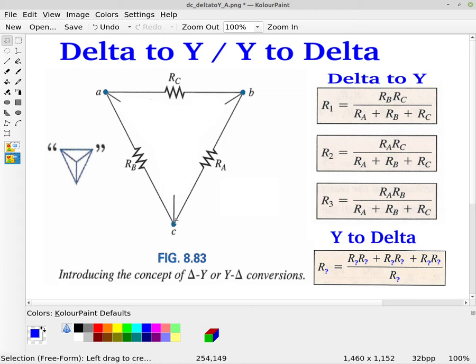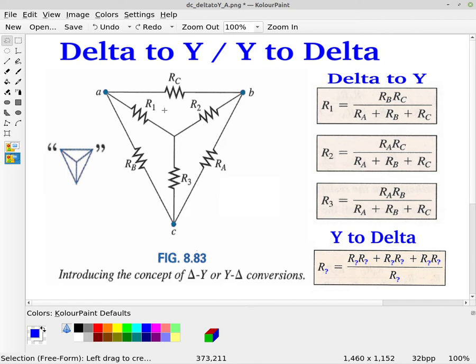And we can convert from a delta shape into more of a series kind of shape. So we can convert this delta back into a Y type of connection.